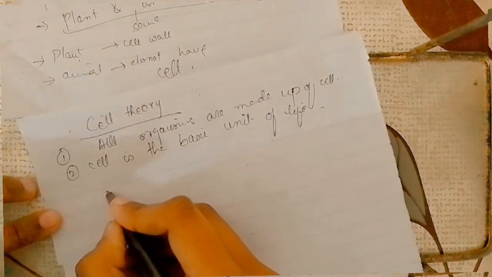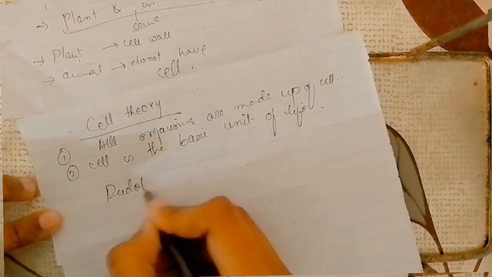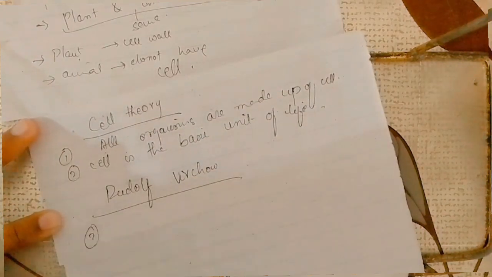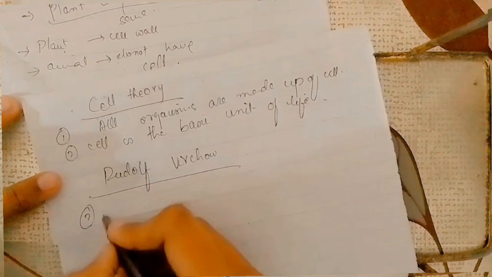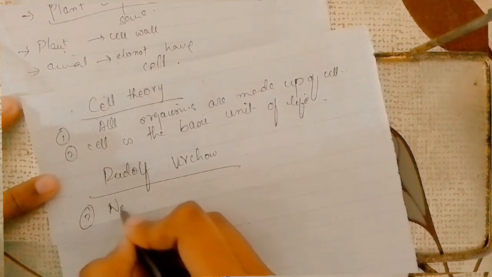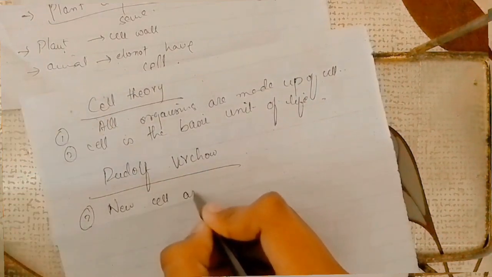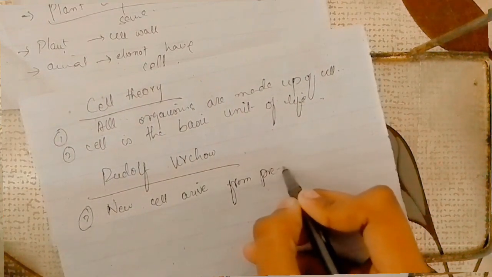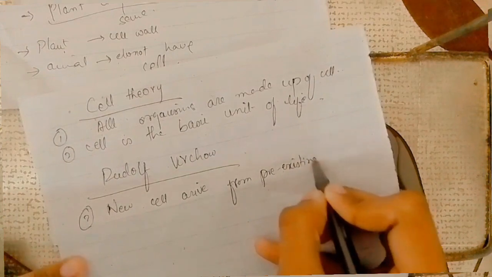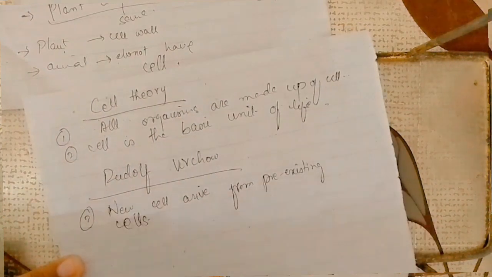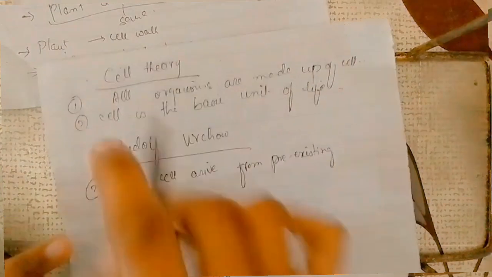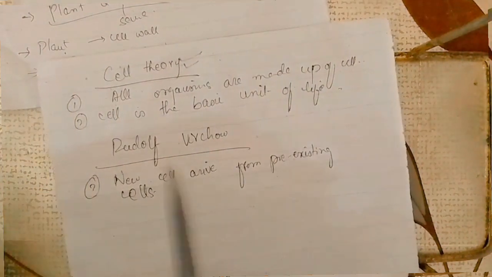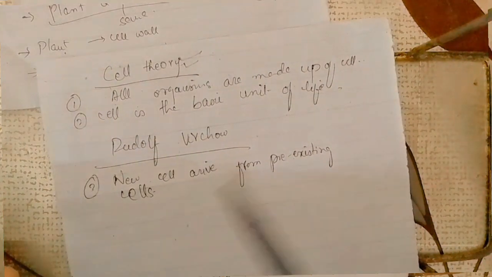Then another scientist, Rudolf Virchow, gave the third point of the cell theory, that new cells arise from pre-existing cells. Those were the 3 points of the cell theory. Two were given by Schwann and Schleiden, and the third was given by Rudolf Virchow, that new cells arise from pre-existing cells.